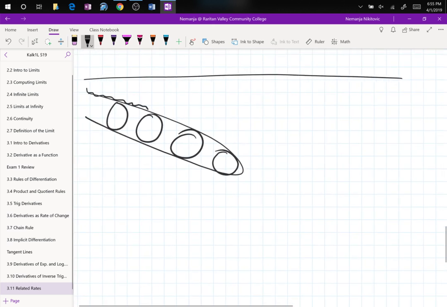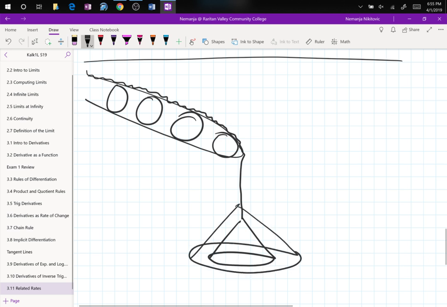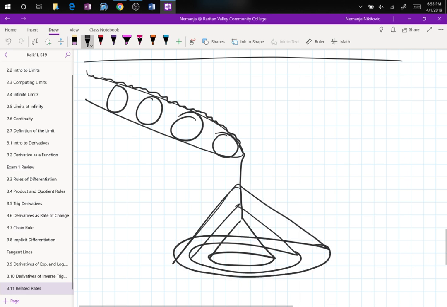Some stuff is coming down this conveyor belt and it's just falling down onto a conical pile, which becomes a larger conical pile in time. Right? That's all. So you have sand coming in, gravel coming in, corn, whatever. It's just falling on a pile, creating a conical pile.